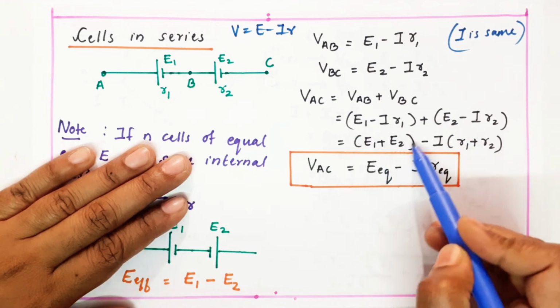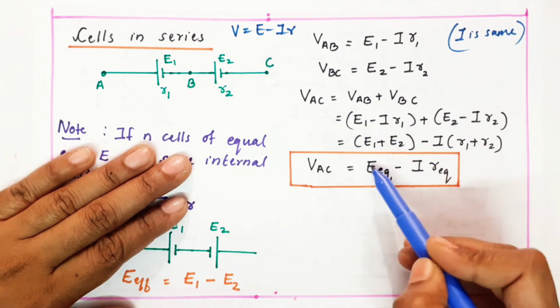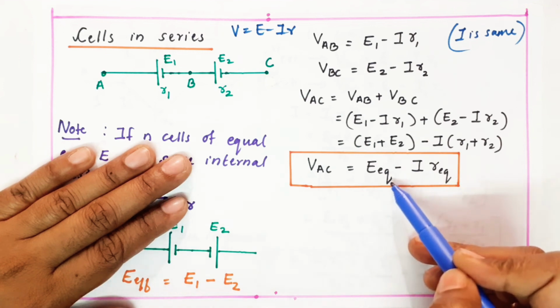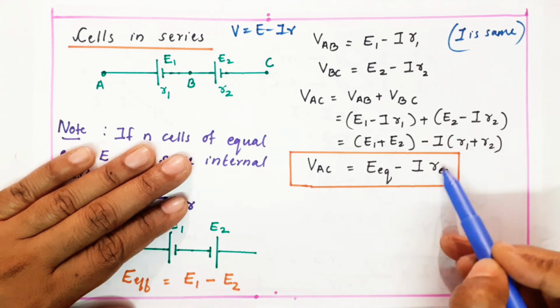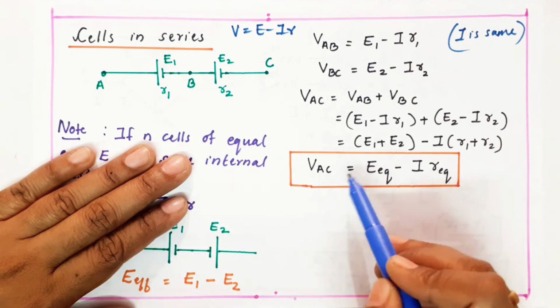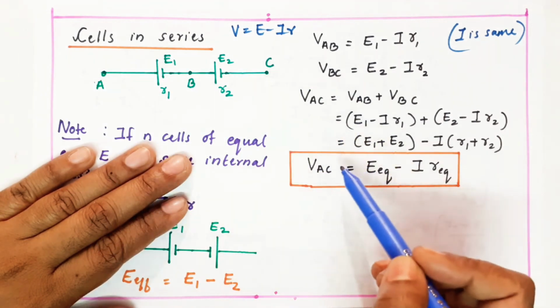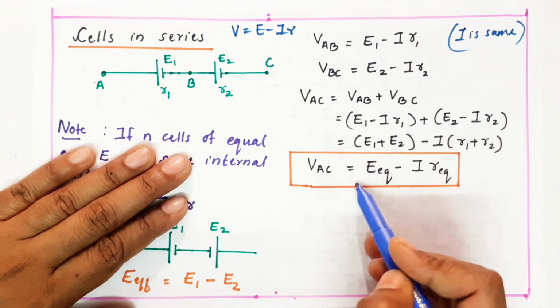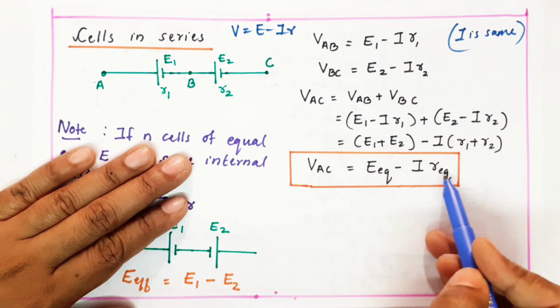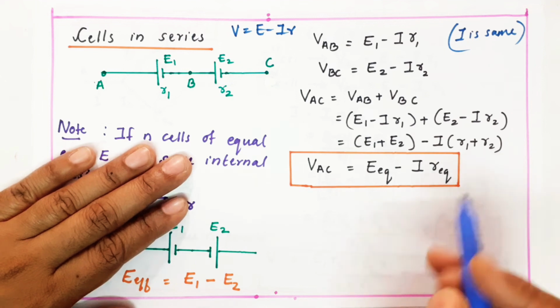From this, I understood that E1 plus E2 is nothing but E equivalent, and R1 plus R2 is R equivalent. So the potential difference between A and C can be written as VAC equals E equivalent minus I into R equivalent.